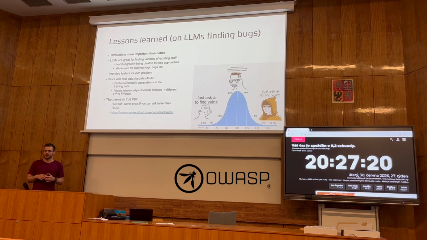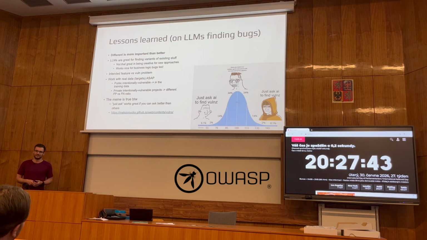And if you create your own intentionally vulnerable application and try to train and improve on that, you will get a different ratio of false positives versus false negatives, because in your intentionally vulnerable project, there will be a different distribution of vulnerable versus non-vulnerable code. So I advise going for real targets to get real results.